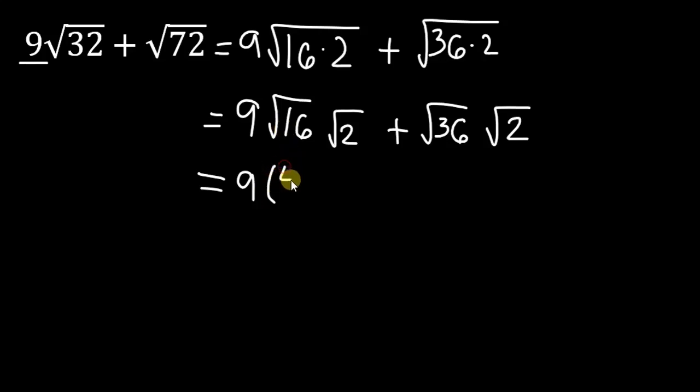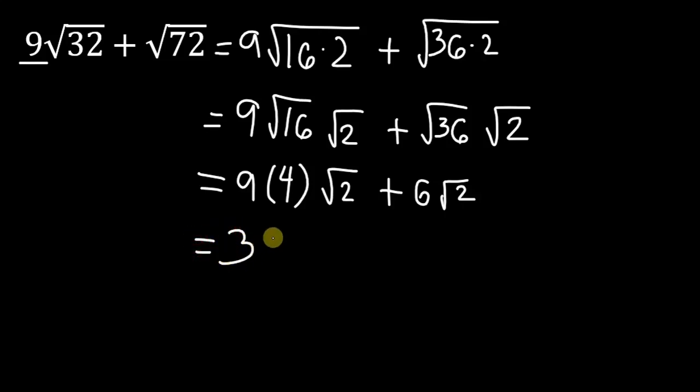So that is times 4 square root of 2 plus square root ng 36 is 6 square root of 2. And 9 times 4, that is 36. Square root of 2 plus 6 square root of 2.